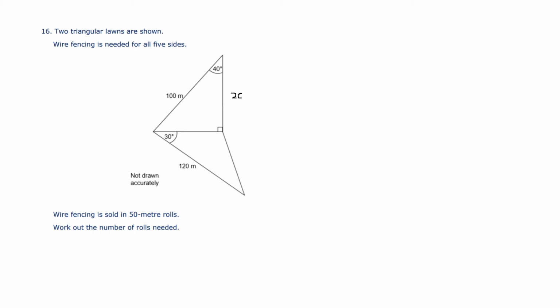And I've got the adjacent angle. So X is adjacent to 40 degrees, and I've also got the hypotenuse. So adjacent and hypotenuse, I'm going to use cosine. So I'm going to say that cos 40 degrees is equal to adjacent, which is X, over hypotenuse, which is 100.